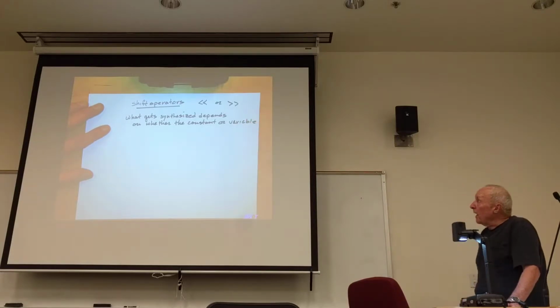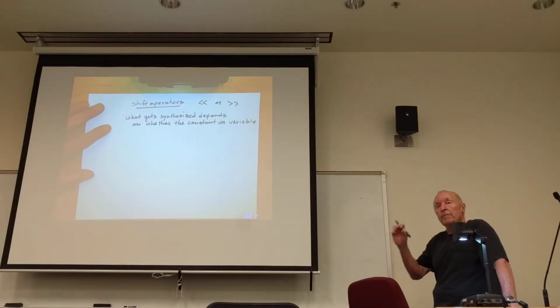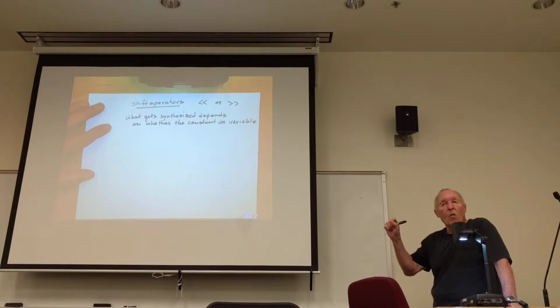What I mean by that is I can say I want a constant shift, so I say shift left by 2-bit positions. If I use a variable, I can say shift left by y, where y is a variable that's going to be defined somehow.